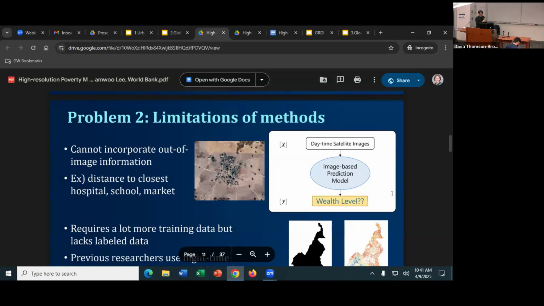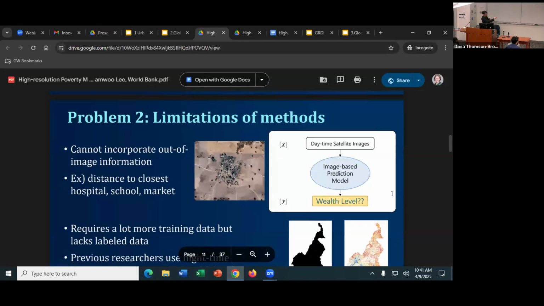At the same time, the image-based model requires a lot more training data, but very often we don't have enough training data. And previous researchers resort to using nighttime luminosity as a proxy for wealth level, but it's fundamentally limited.